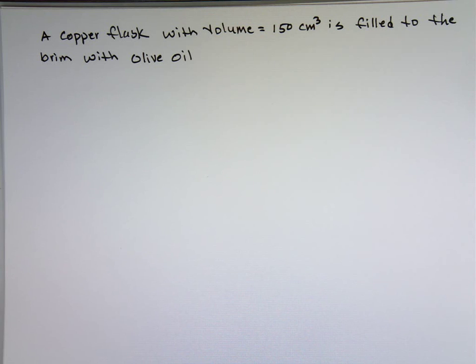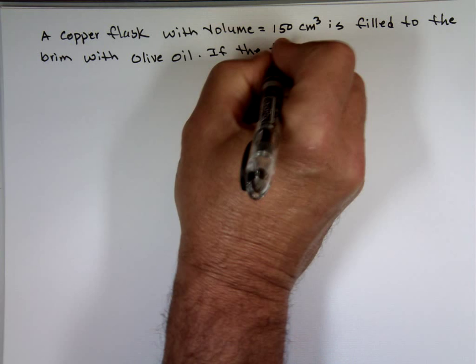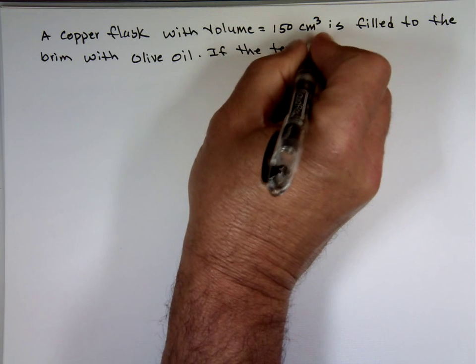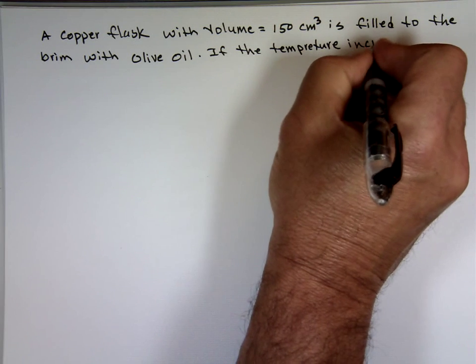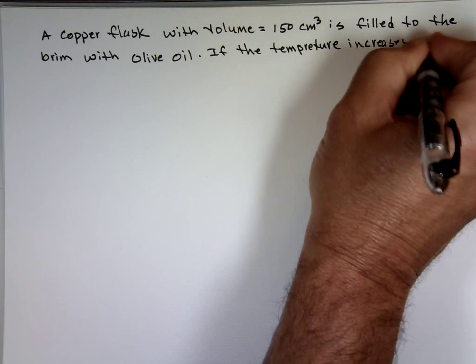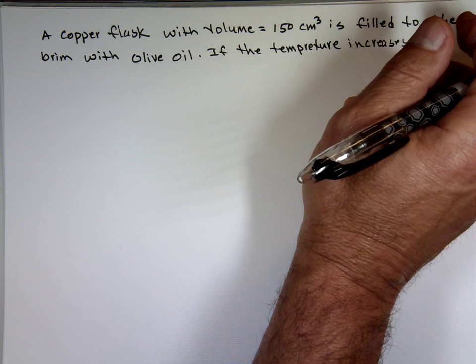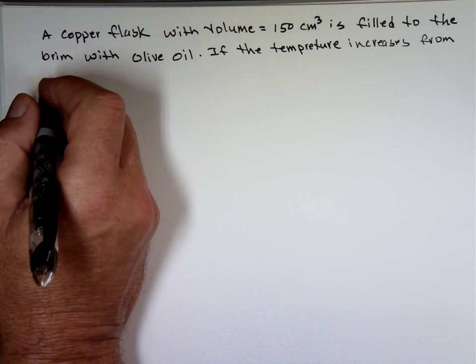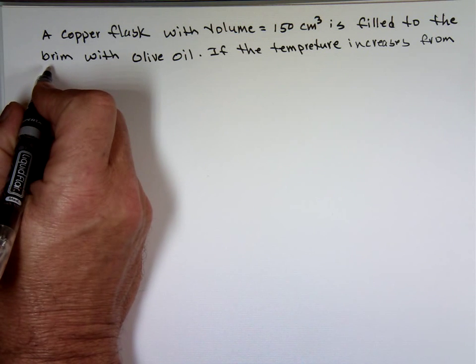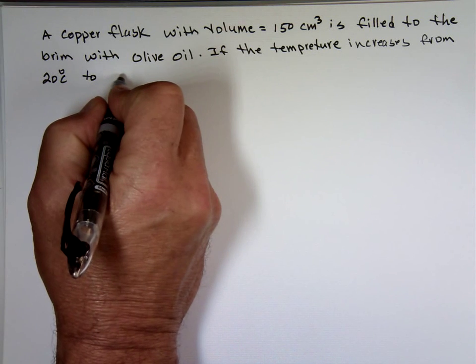Now, if the temperature increases from, what do you want to use for value? From what to what? 20 degrees Celsius to 35 degrees Celsius.